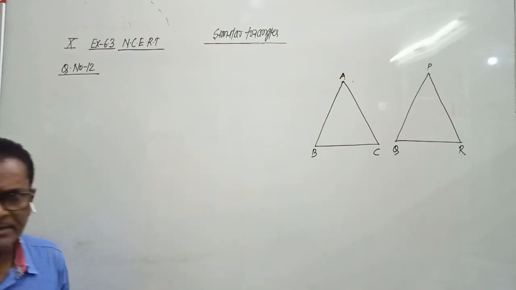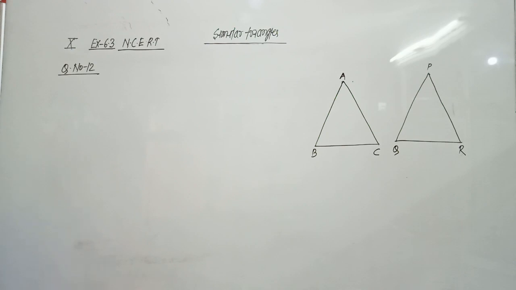There are two triangles, triangle ABC and PQR.